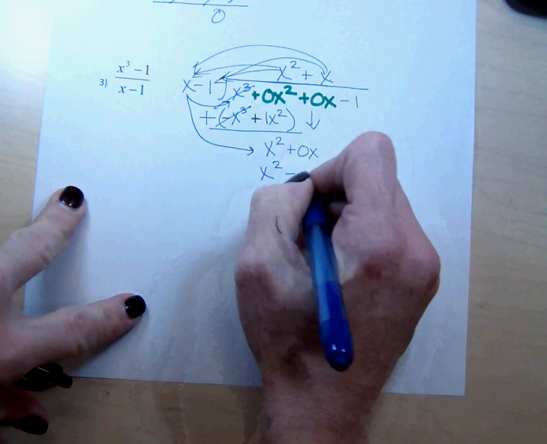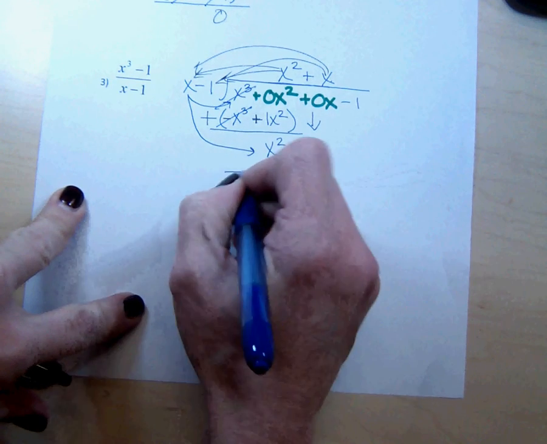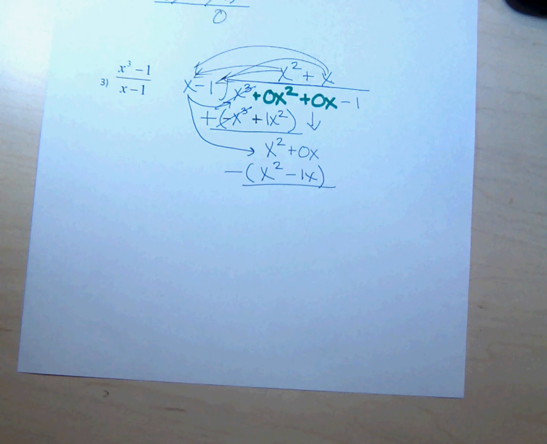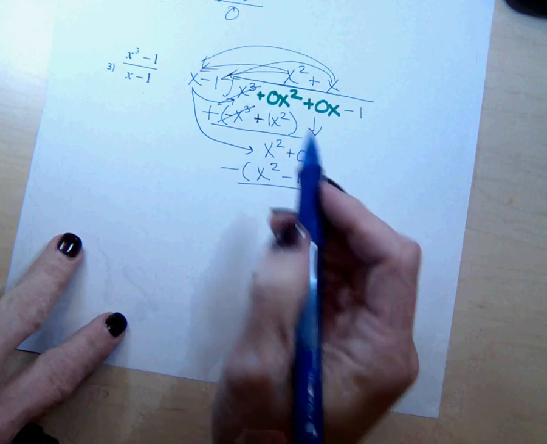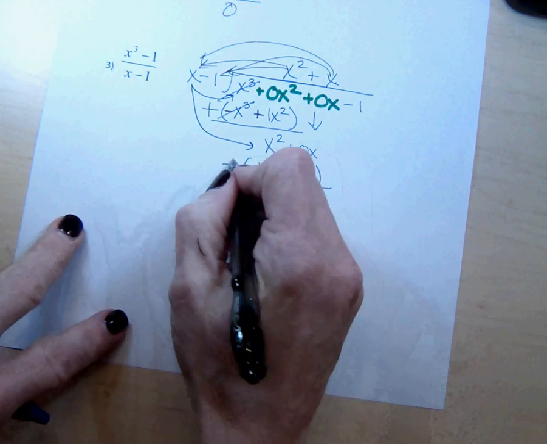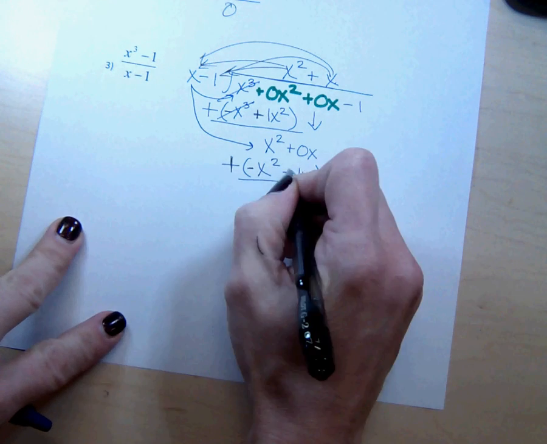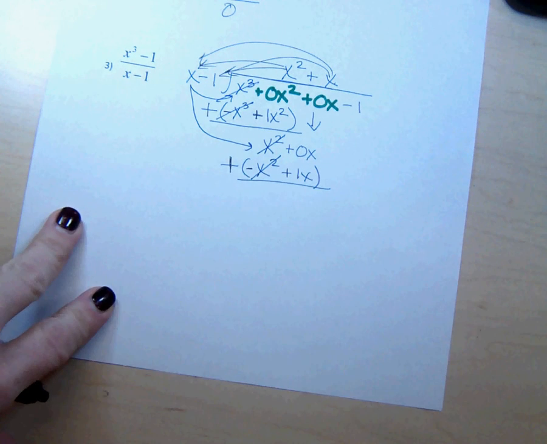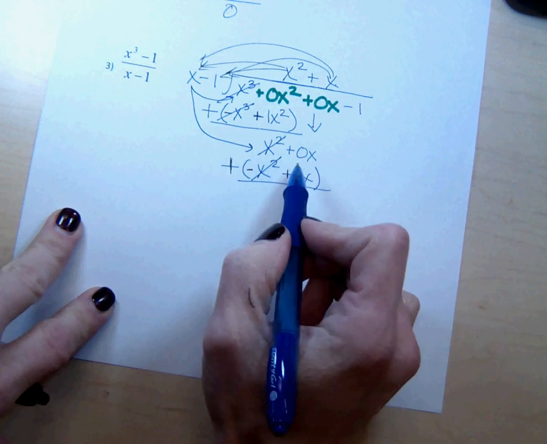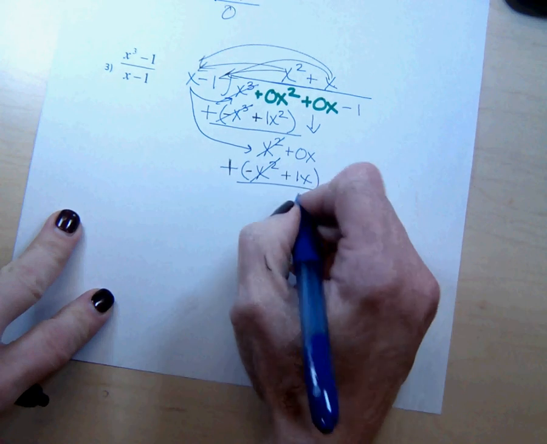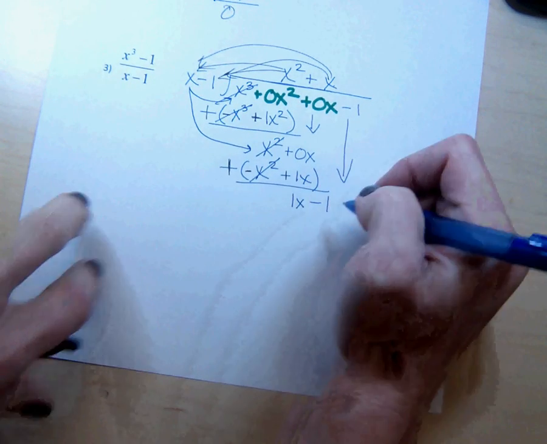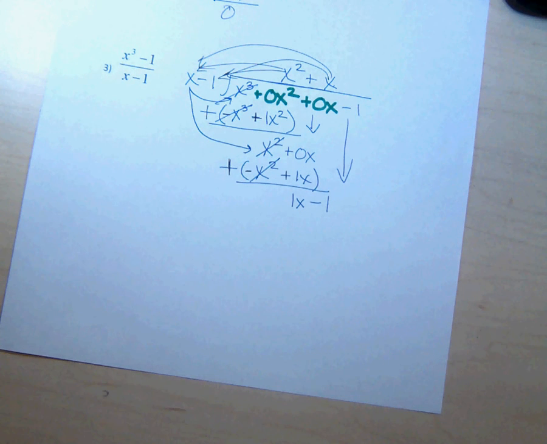X times negative 1 is minus 1x. And I'm subtracting that. So this becomes plus a negative x squared and a plus 1x. X squared minus x squared is 0. And then I have a positive 0x plus 1x. That's positive 1x. And I bring down the minus 1.